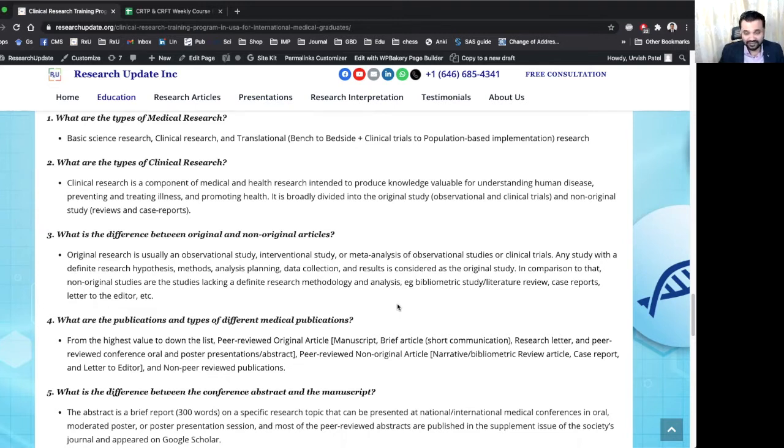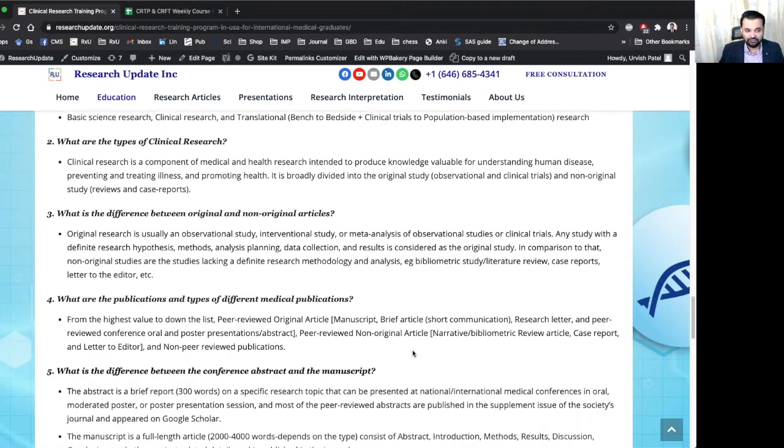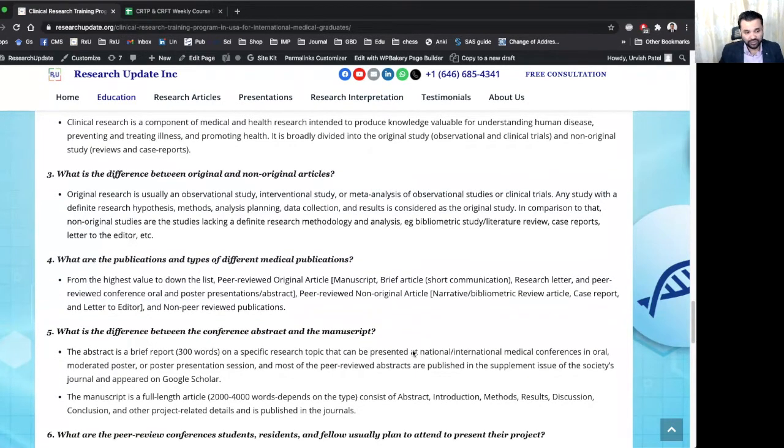The third most common question we are having is: what are the types of different medical publications? Usually the publications fall into three broad categories. Original articles, where we talk about manuscripts, short communications or research letters, or even peer-reviewed conference oral and poster presentations of observational studies.